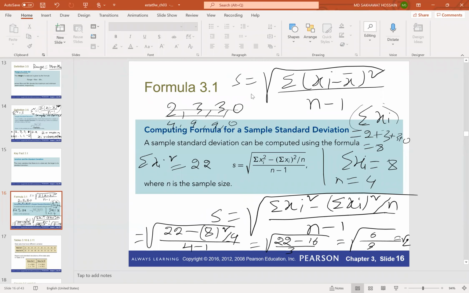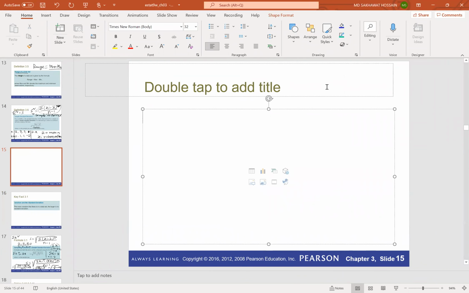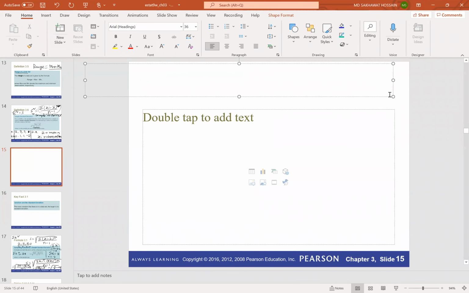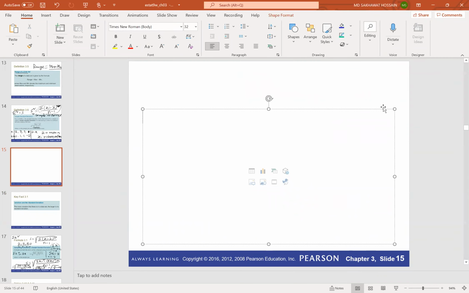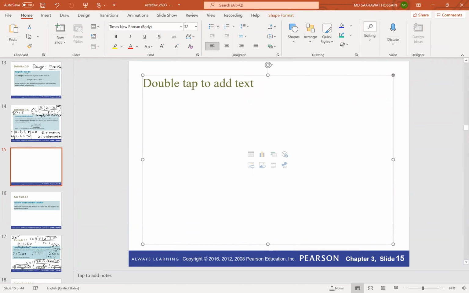So what is sigma xi square? Okay, I need to tell you the difference between sigma xi square and sigma xi, so let me do it here. We consider 2, 3, 3, 0.